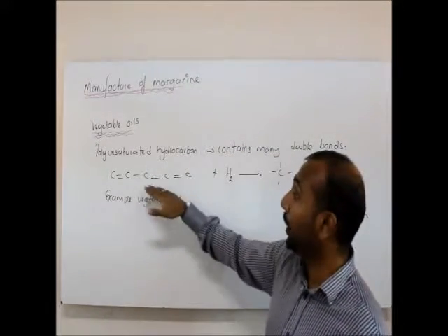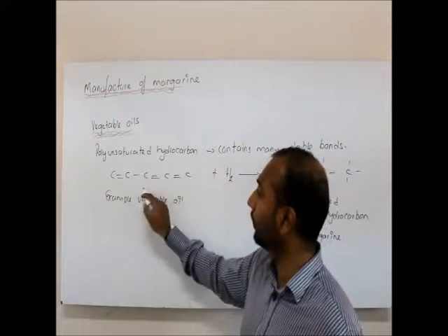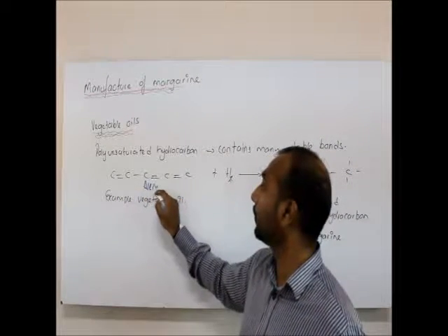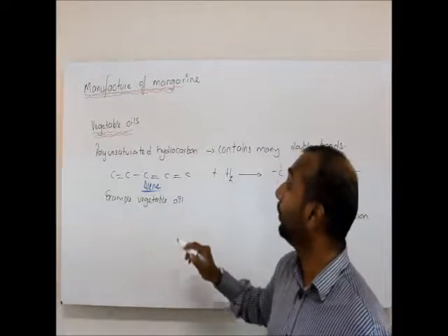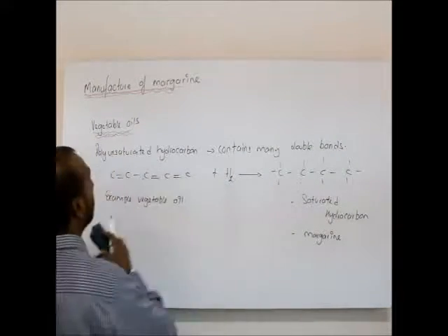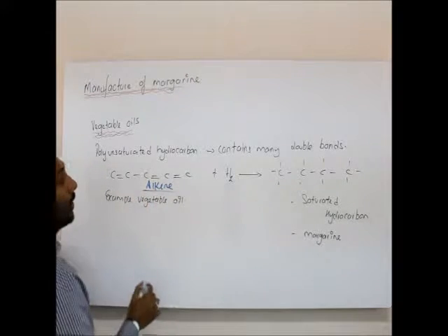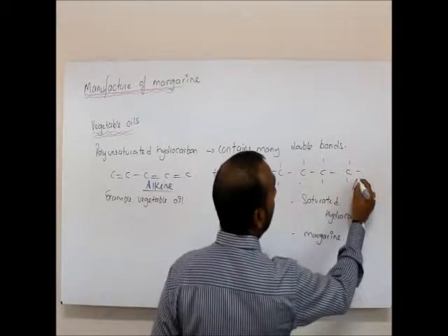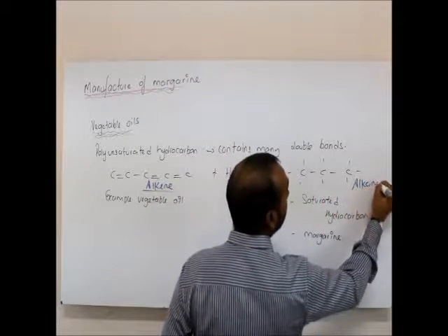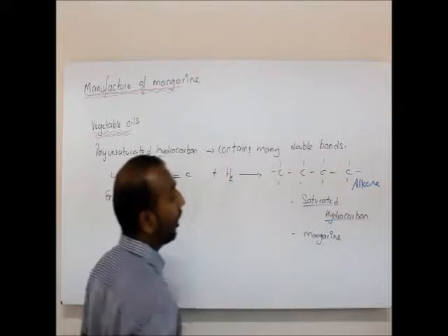When you add hydrogen across these double bonds, this alkene will be converted into an alkane. Now, in this case, it will become a saturated hydrocarbon.